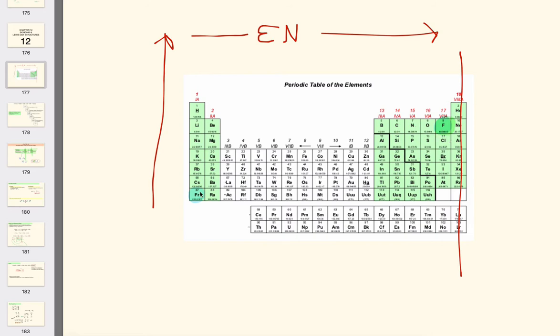And the further apart these get on the periodic chart, the more lopsided it is. So if oxygen and fluorine form a compound, which they can, it's still going to be lopsided. And guess what? They're lopsided.